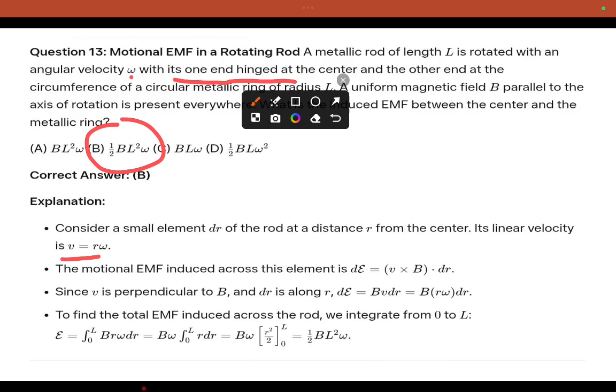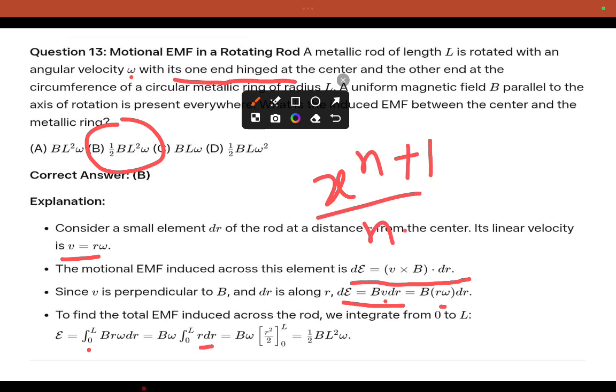The motional EMF induced across this element is dE equal to v cross B dot dr. Since v is perpendicular to B and dr is along r, dE equals B v dr. Replace v equal to r omega, so integrate from 0 to L of B r omega dr. B omega integral 0 to L of r dr, using the formula x to the n plus 1 by n plus 1, so that you will get 1 by 2 B L square omega.